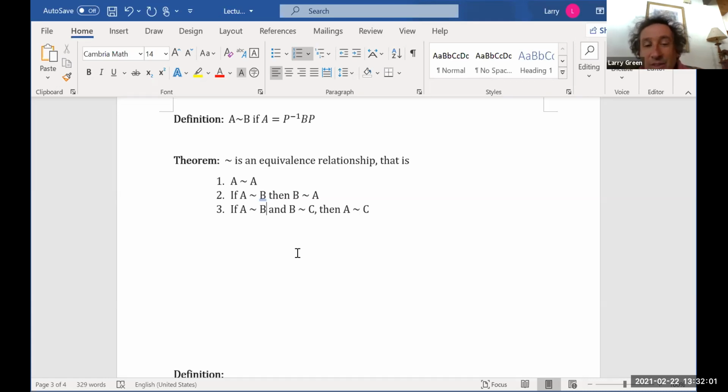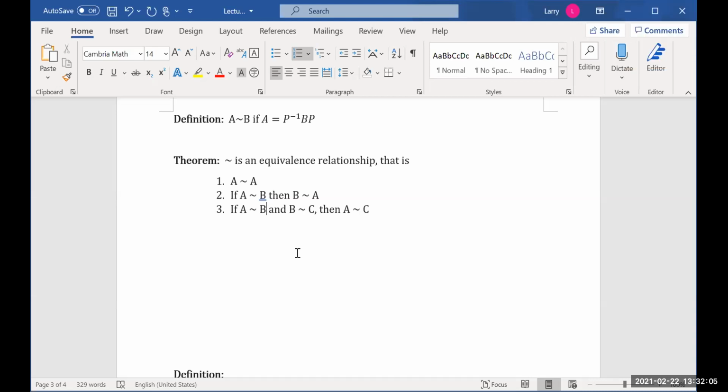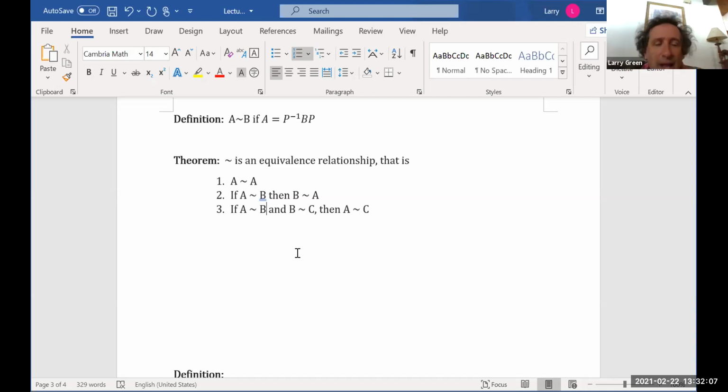So you're used to seeing those, aren't you? But it turns out that you don't have to have it equal to be equivalent. And that's important because with matrices, you don't have to have the matrices being equal for them to be equivalent.